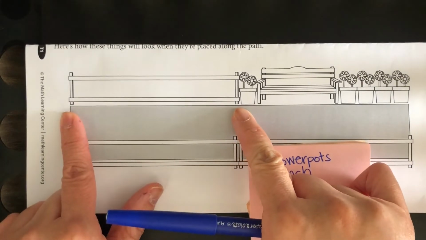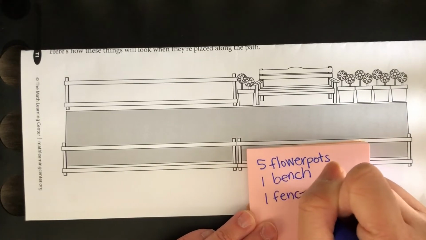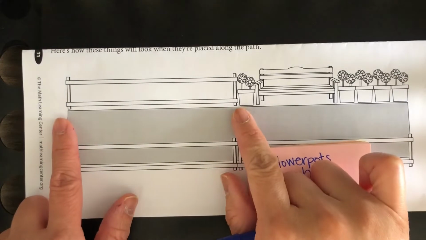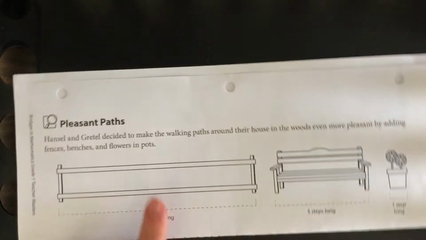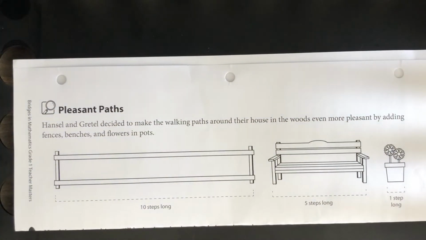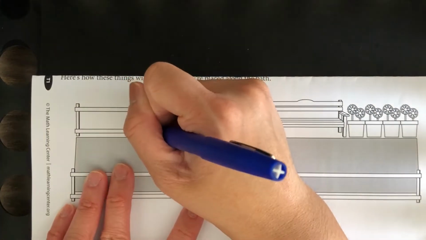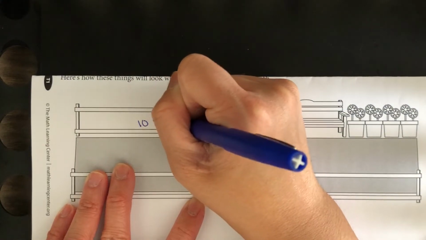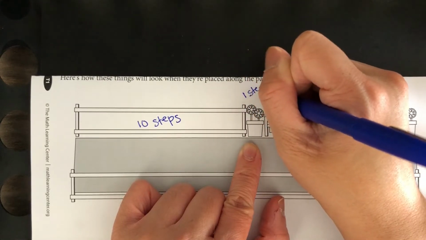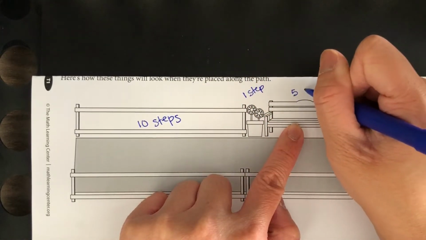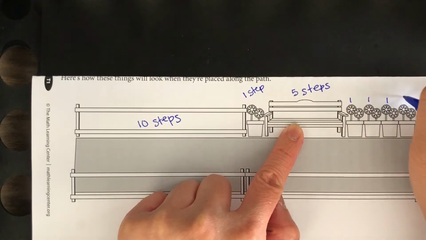And how many fences do we see here? 1 fence. And how many steps is in a fence? It is 10 steps long. So we know that this is 10 steps long. This is 1 step. This is 5 steps. And each of these are 1 step.